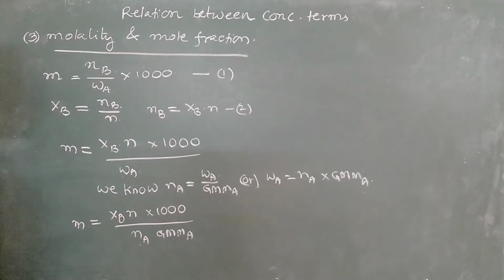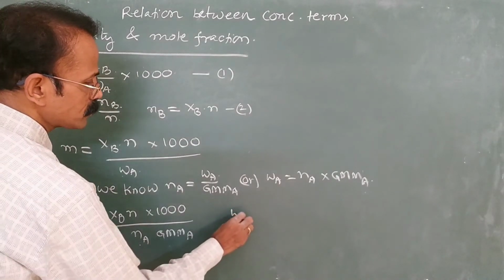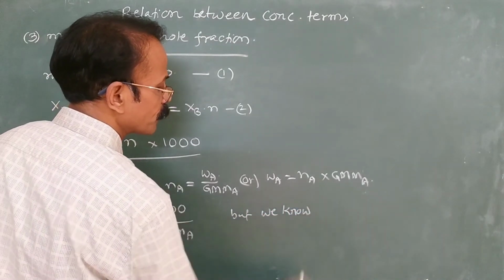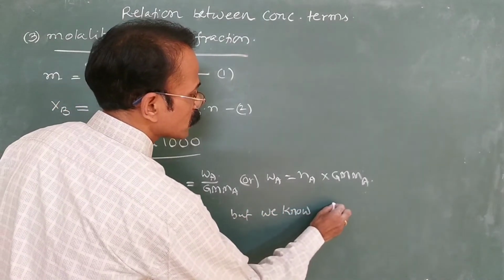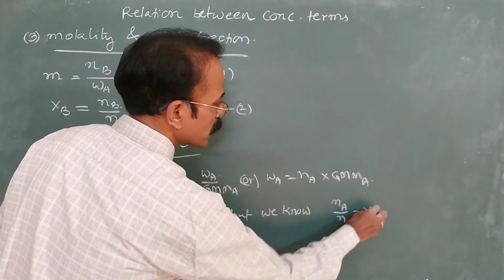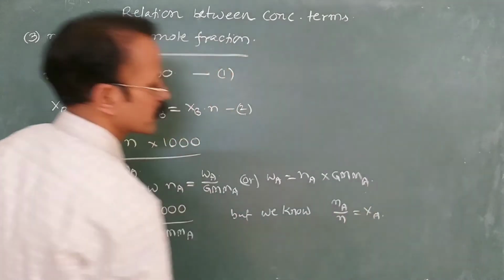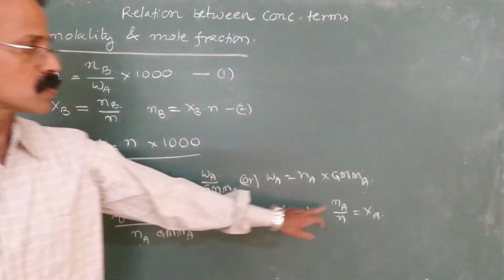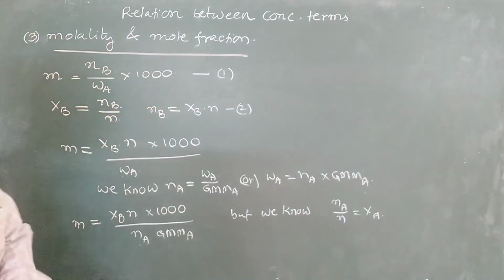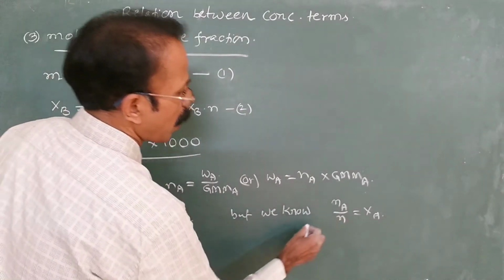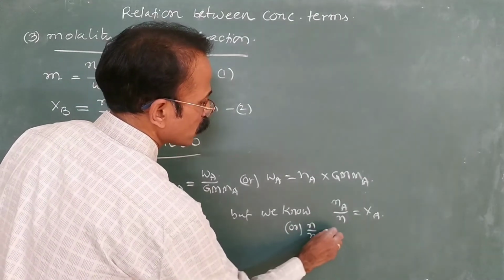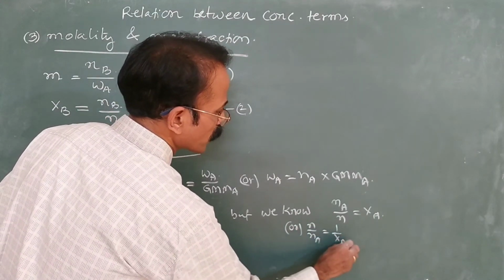We know that number of moles of solvent divided by total number of moles is equal to mole fraction of solvent. So N by Na is equal to the reciprocal of mole fraction of solvent.